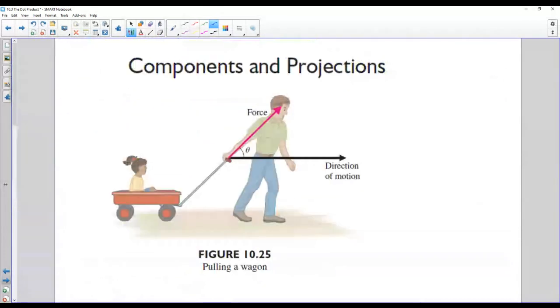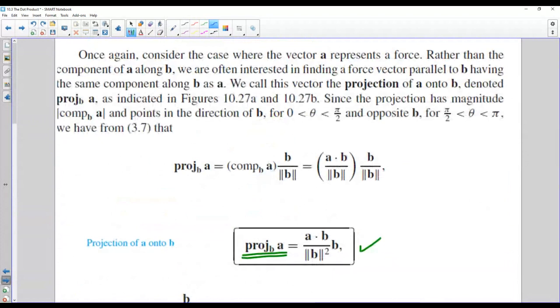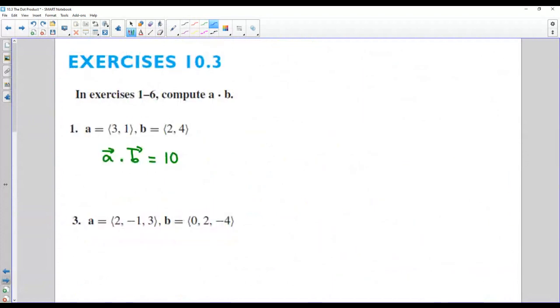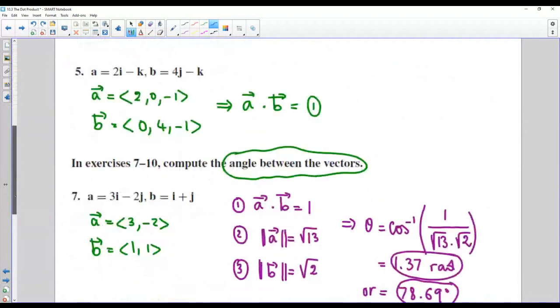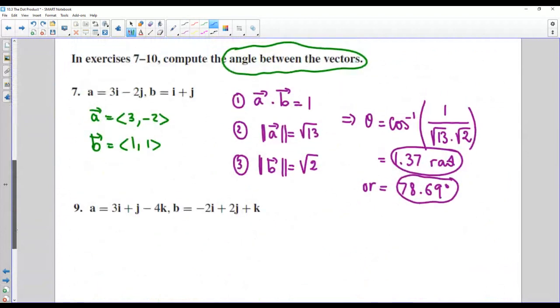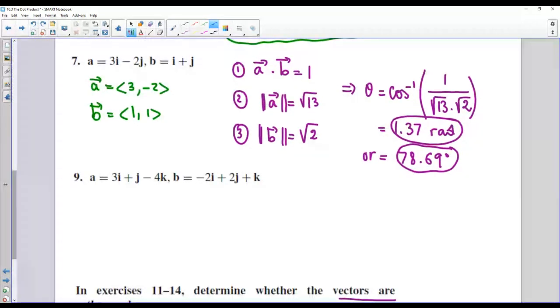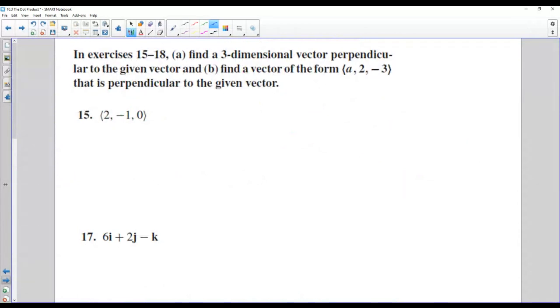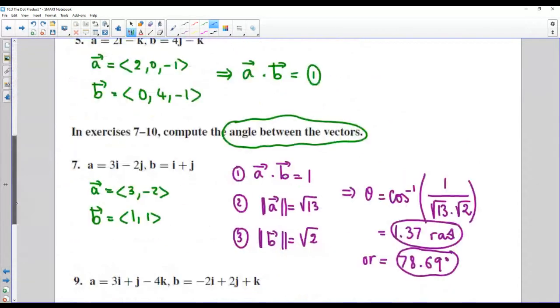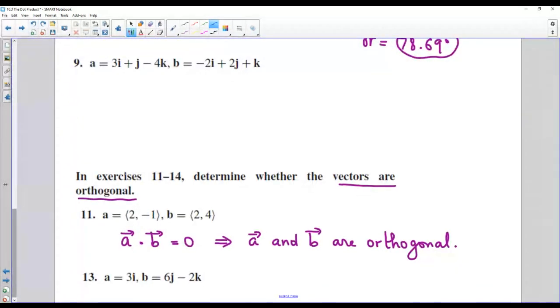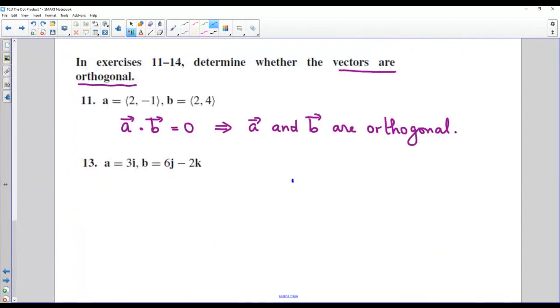In this kind of question, you don't need to find A, B, cosine, etc. No need. So just find the dot product. If the dot product is 0, like here, 2 times 2, and then this times this, you can see that you will get 0.